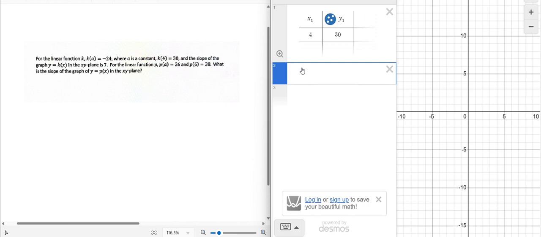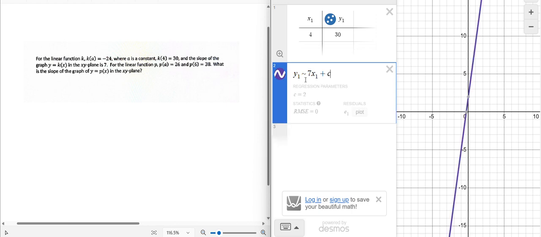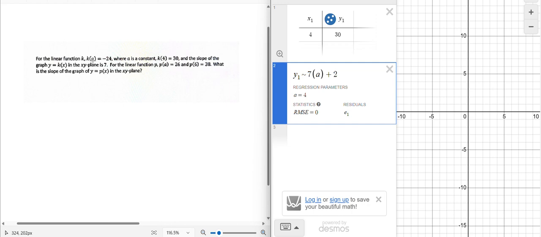So how will we take it out? We'll do this: first y1, and then the slope is already given, which is 7 x1 plus c. As you can see, we got the value of c as 2, so we'll write 2 here, and this x1 here we'll write as a, because in the place of x, a is given, and in the place of y, minus 24 is given, so we'll write minus 24.